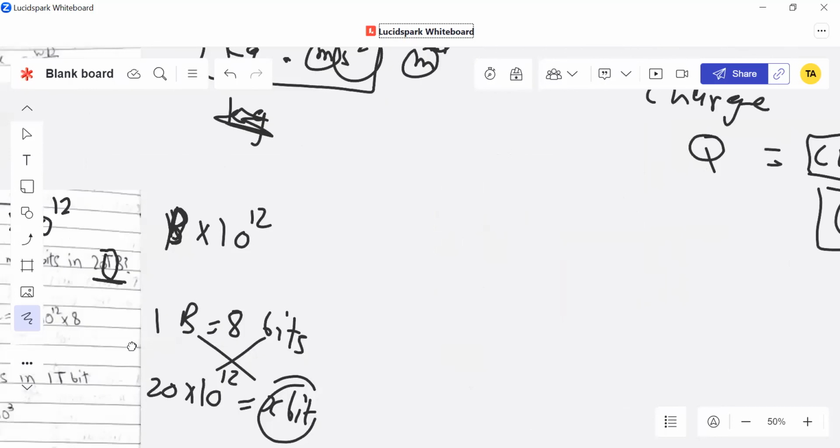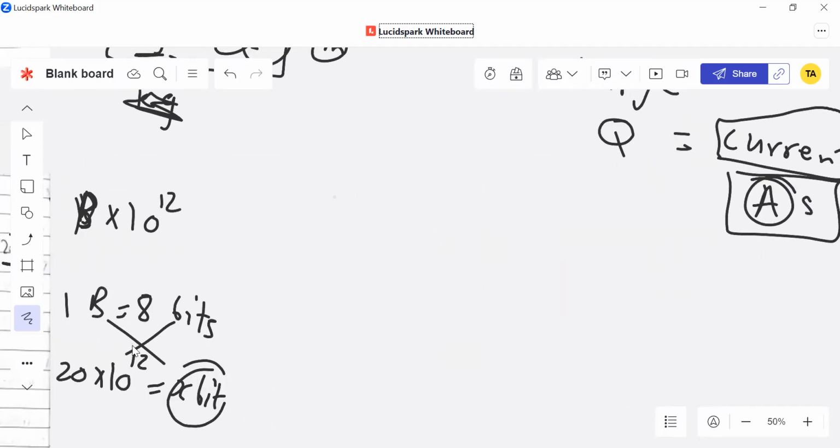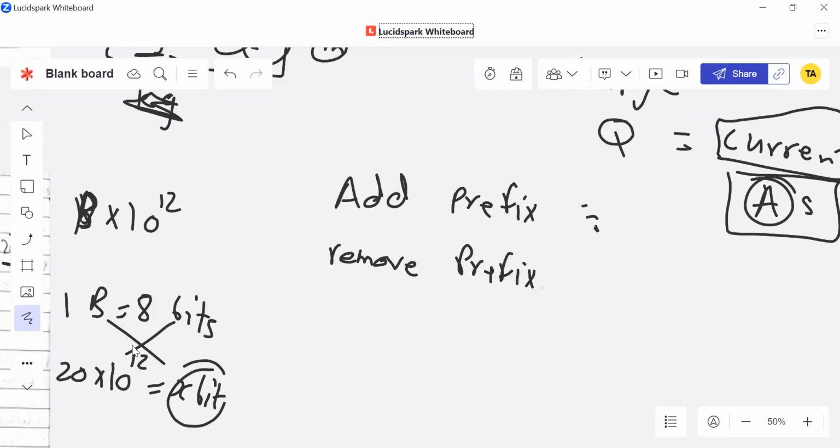Now, another rule of prefixes is that when you want to add a prefix, you will divide. And when you want to remove a prefix, you will simply multiply. So for example, I want to convert meters to centimeters.